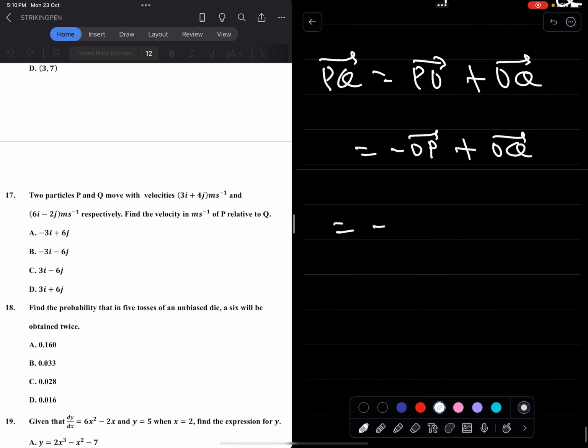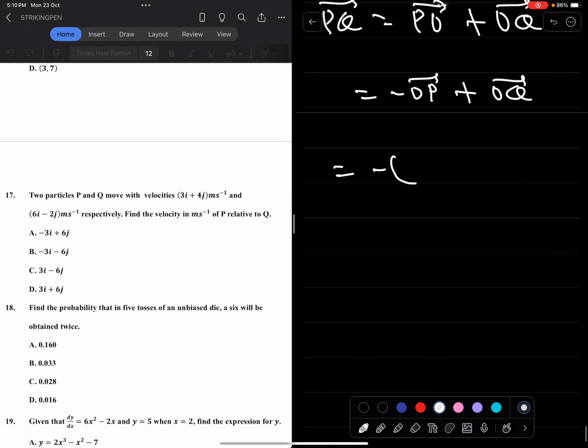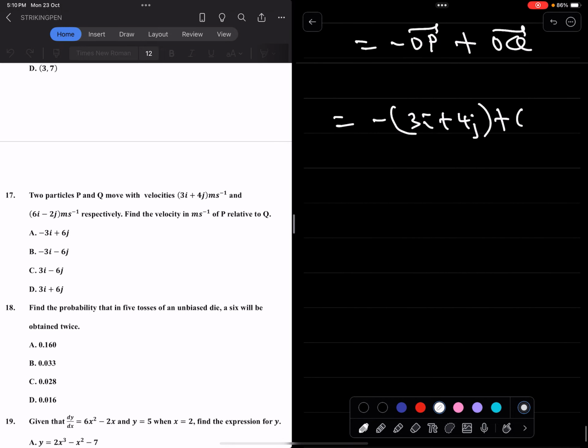And that's equal to minus into bracket. What's OP? 3i plus 4j. That's minus into bracket 3i plus 4j plus OQ, which is 6i minus 2j. Let me just write that well.